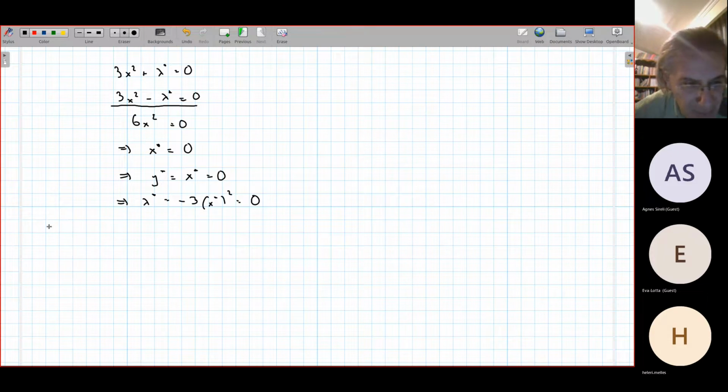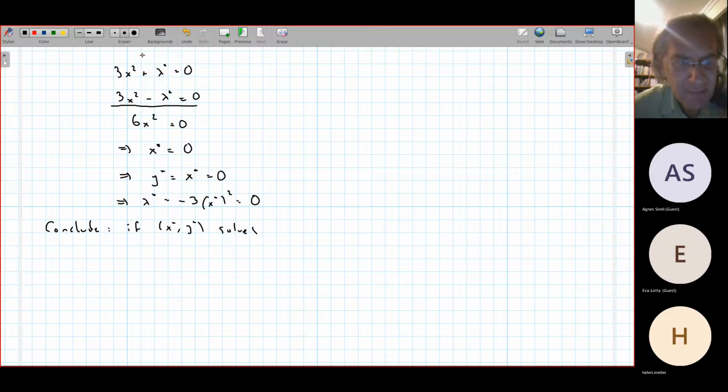And the conclusion is the following. So you conclude that if x star, comma y star solves the problem, which I think I called star, right? So if this is a solution for our initial problem, then x star, comma y star must be the origin.